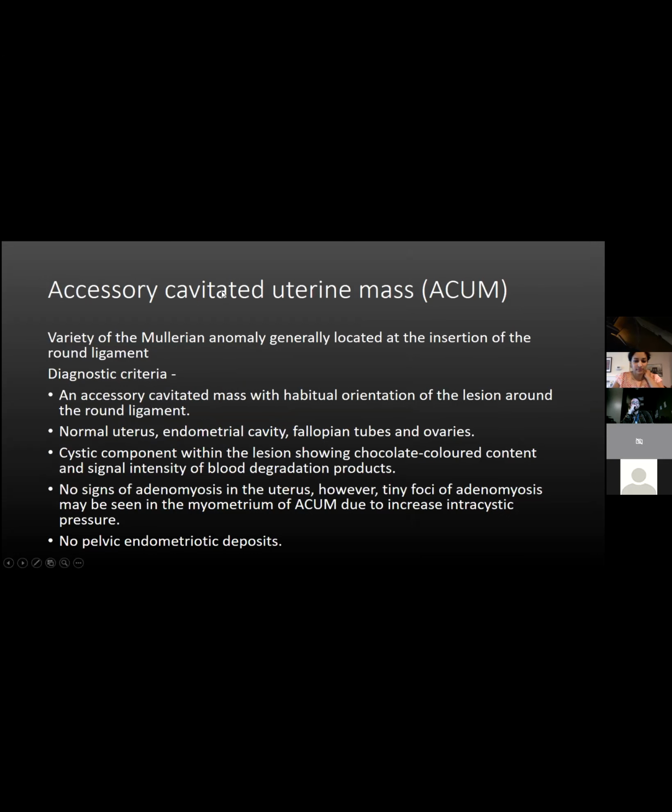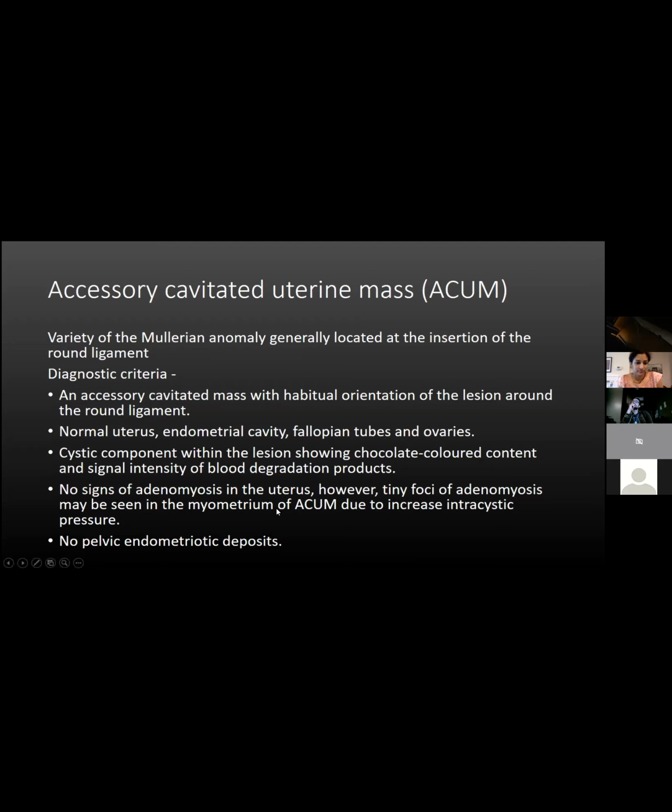An accessory cavitated uterine mass is a variety of Mullerian anomaly, generally located at the insertion of the round ligament. And this is the diagnostic criterion from OB-GYN literature: a mass in the location of the round ligament, with a normal uterus, endometrial cavity, fallopian tubes, and ovaries, whereas in this case we know that there was enough evidence of endometriosis within the pelvis.